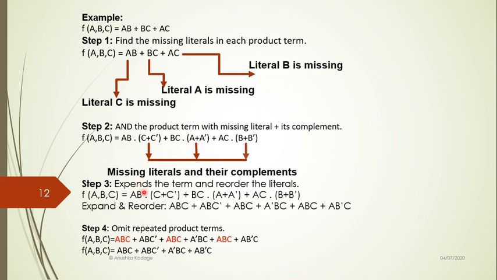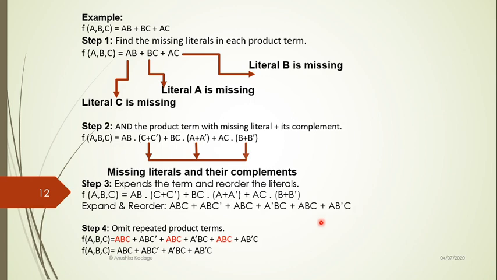Then we expand these terms by applying the distributive law and reorder the terms. So we have written ABC, ABC dash, BCA. BCA is nothing but ABC itself, that reordering we have done. Here it is A dash BC, then again ABC, then AB dash C.